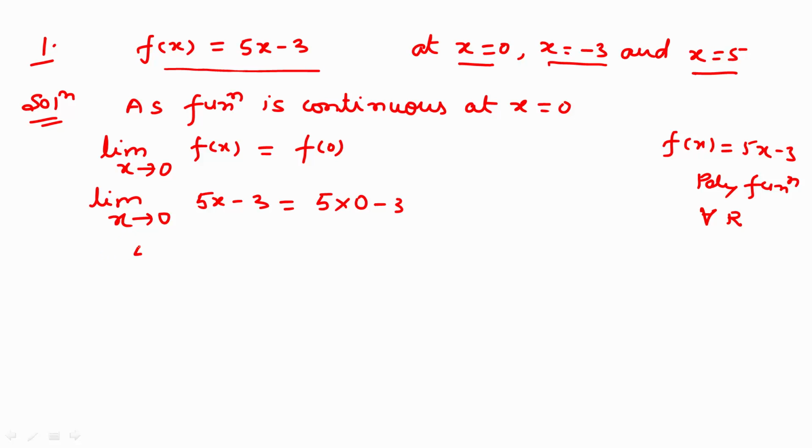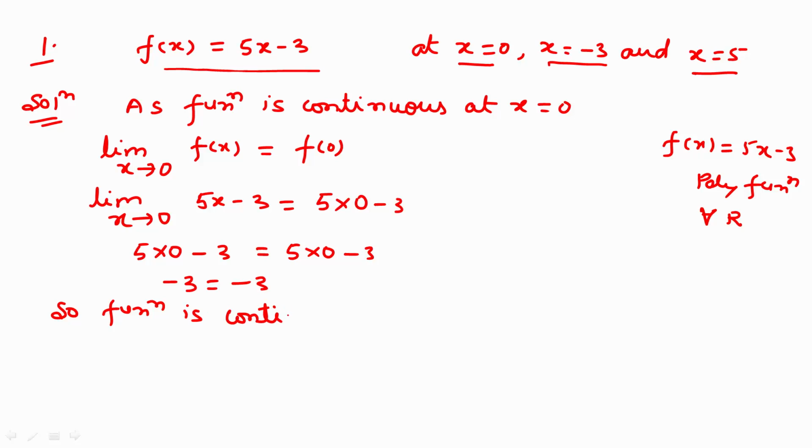On taking limit, 5 into 0 minus 3 is equal to 5 into 0 minus 3. 5 into 0 is equal to 0. This is minus 3 is equal to minus 3. So function is continuous at x is equal to 0.